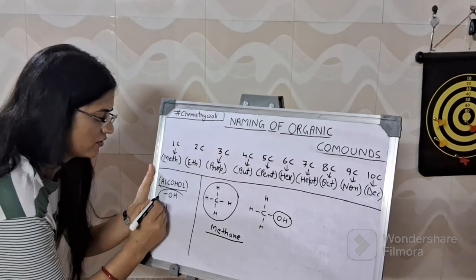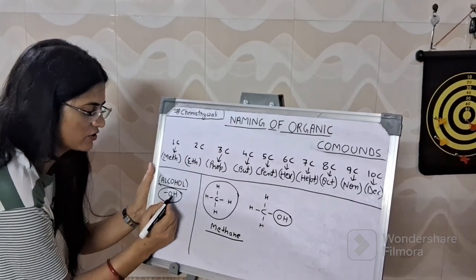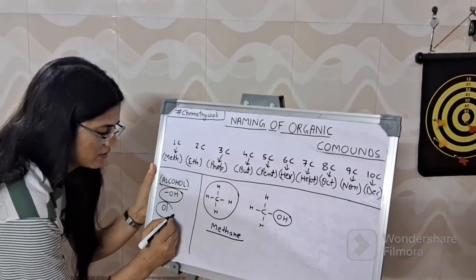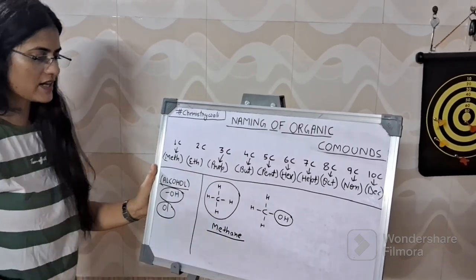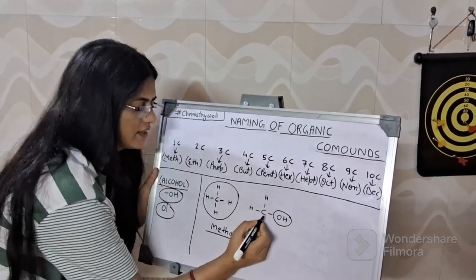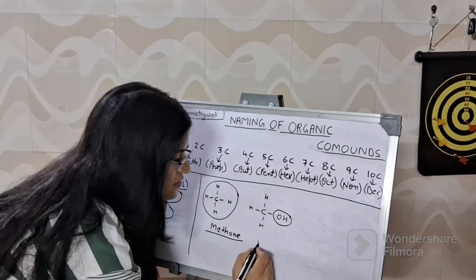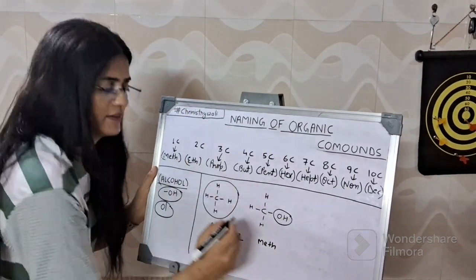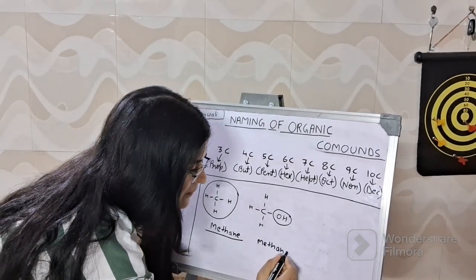So for the alcohol, this is the functional group, this is OH. And for this alcohol, we are using one suffix. Now how to name this one? Okay. Now one carbon, meth we will use. All are single bond, ane we will use.